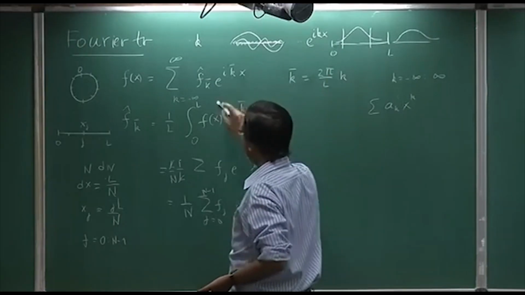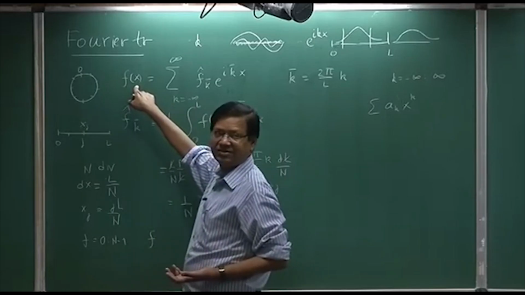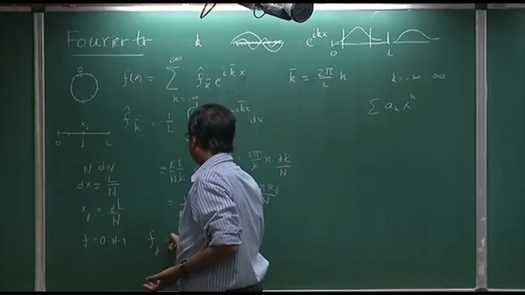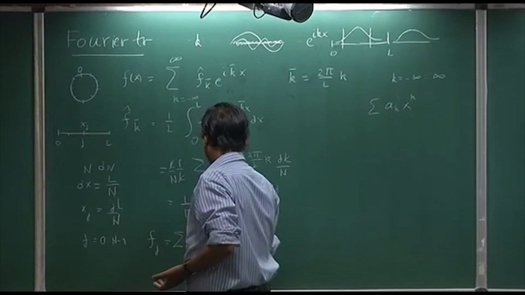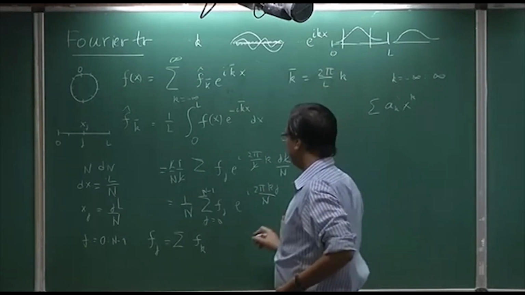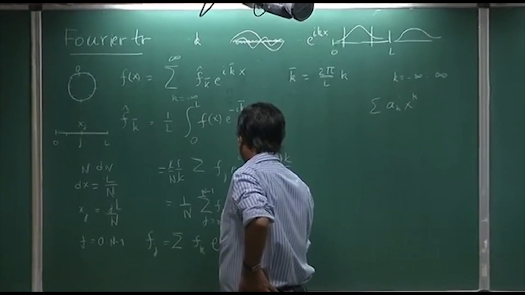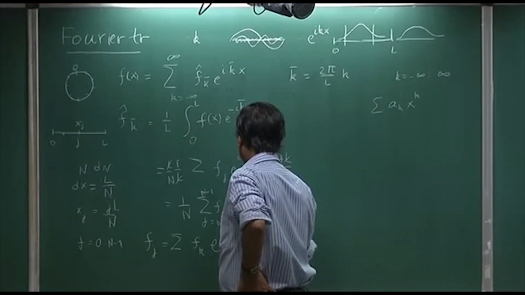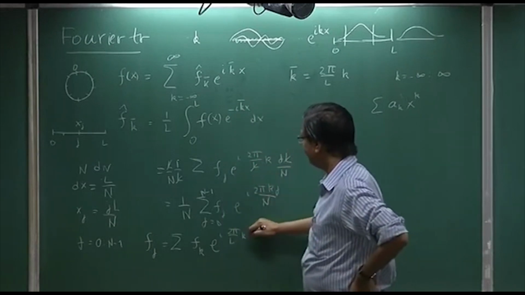So, let me write this f of x. Now, this f of x will be f j. So, f j will be the sum over k of f hat k, and the k bar index is the same as the k index, because this is a constant, e to the power i, k is 2 pi by L k, and this is L by n. So, exactly the same cancellation will happen.